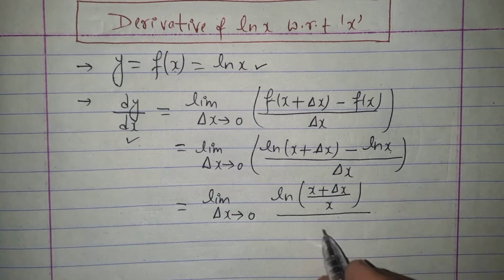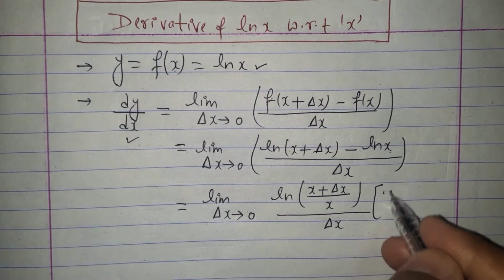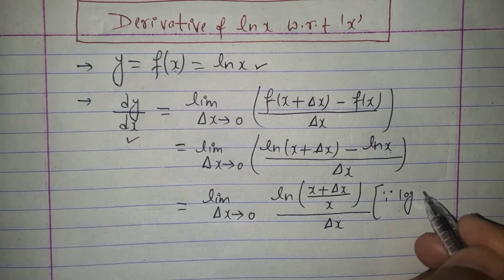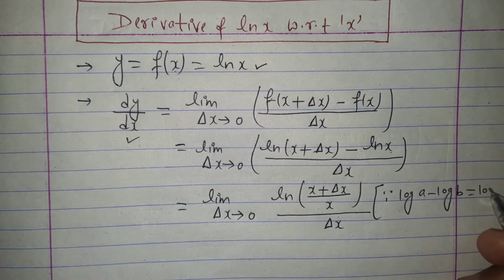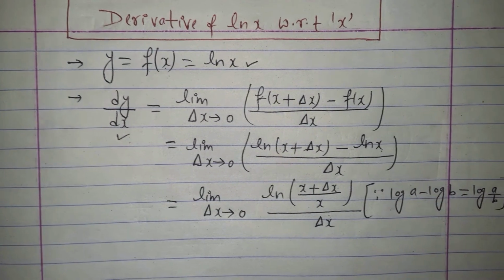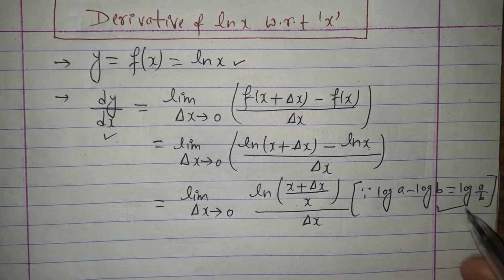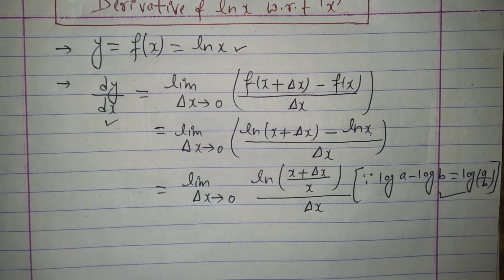It is divided by delta x. Here we just apply log a minus log b, which is just log a over b. Here we just apply this formula: log a minus log b is log a over b. This is called the quotient law of the logarithm.